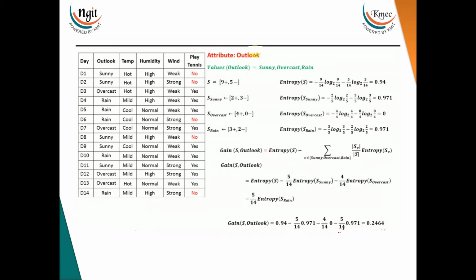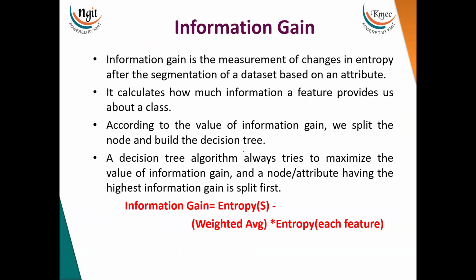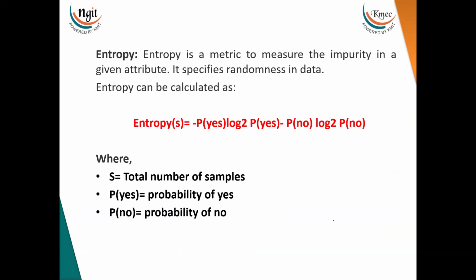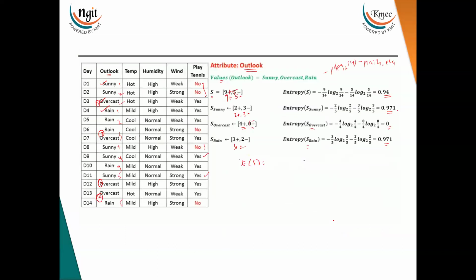We already found the entropy of the whole data set, and we also calculated the entropy of each individual feature. The information gain formula is the entropy of the whole data set minus the weighted average into the entropy of each feature. So let us see how we are going to find the information gain.